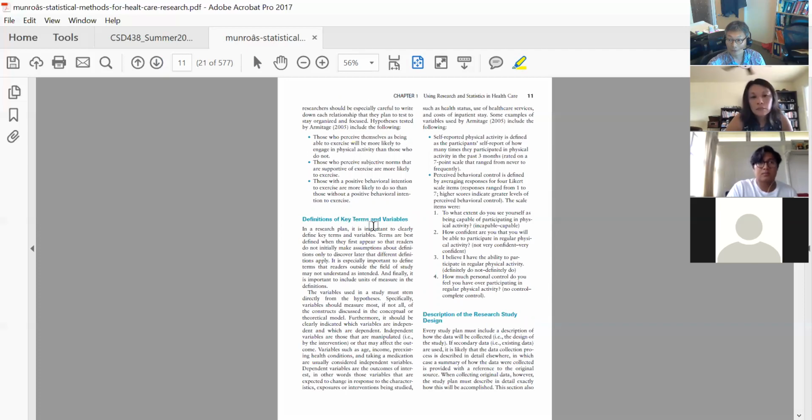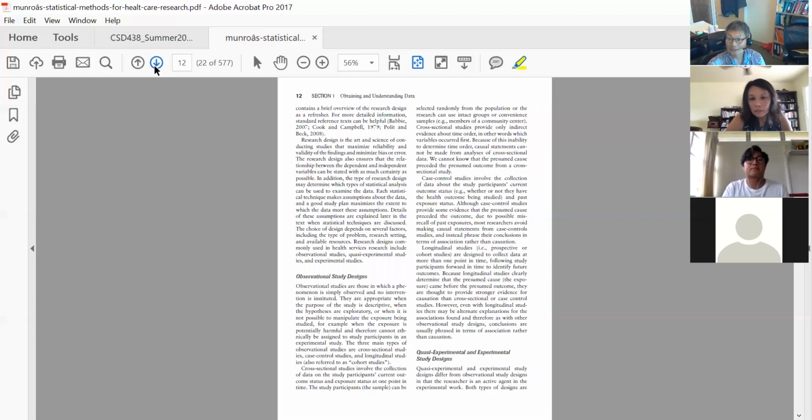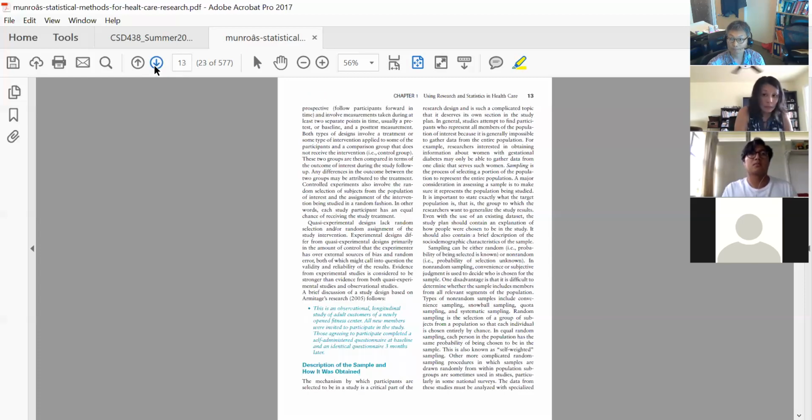And the samples: what we're going to do is sample from the population. For example, in Hawaii, let's say we have a 1 million population. It is ideal to survey all of the Hawaii residents to make some research.